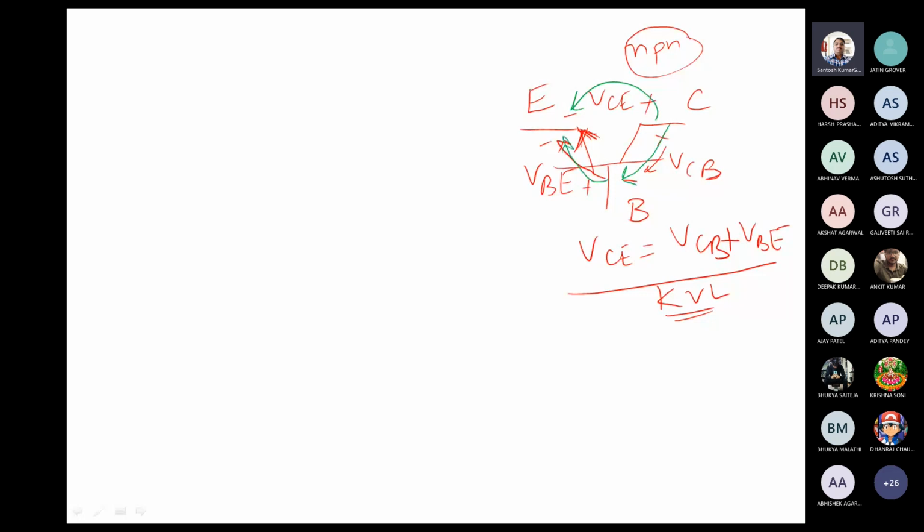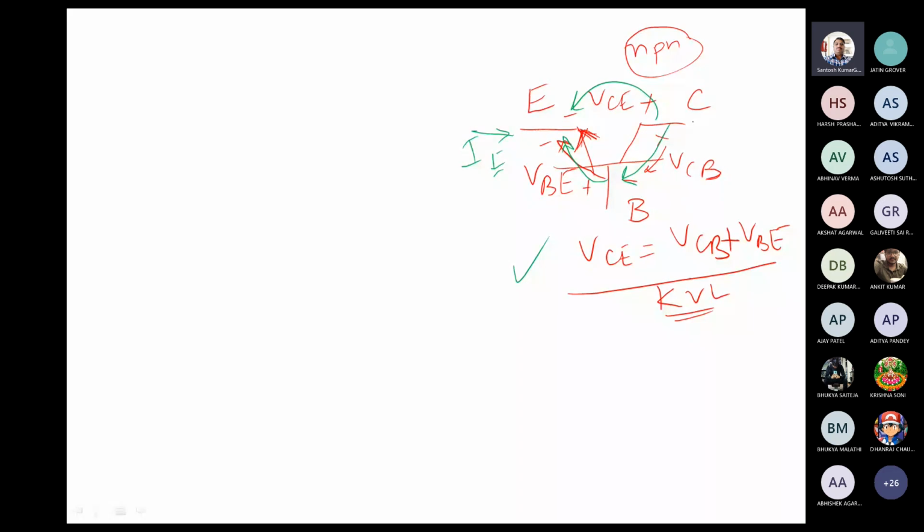The voltage drop is not going to change. The algebraic sum of the voltage drops between collector and emitter remains the same, and which path we take is immaterial.